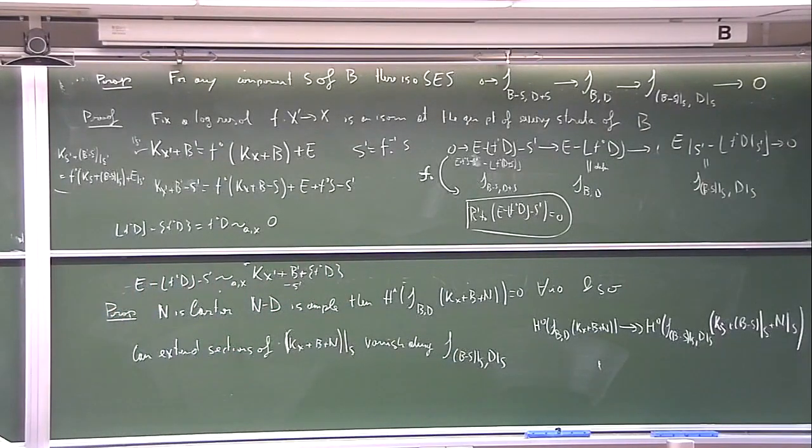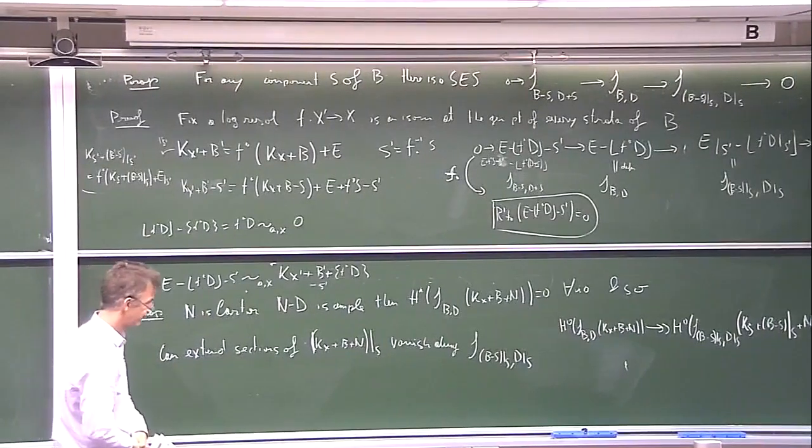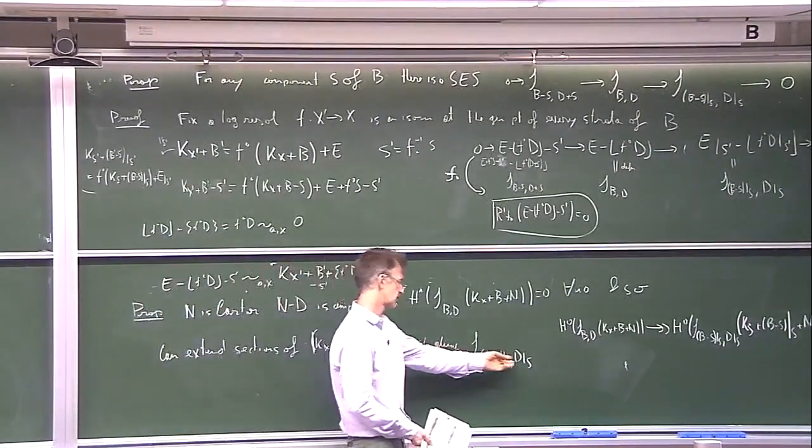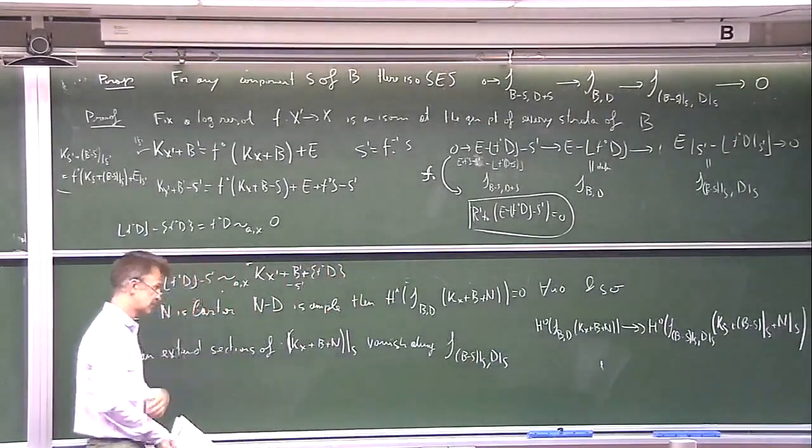It allows you to extend some sections. Of course, if D has very mild singularities, then this ideal is 0, so you can extend all sections. But life is not always that easy.